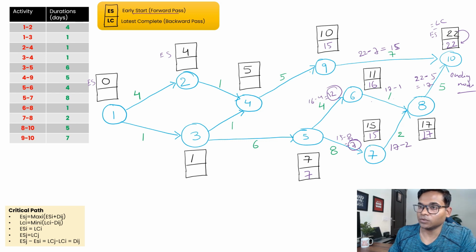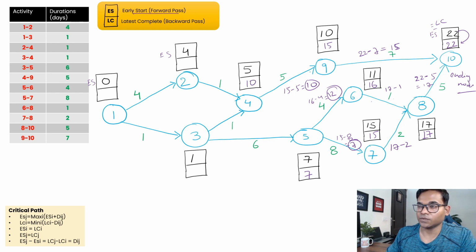Now coming back to node 3. Node 3 basically has 2 rows, so before coming to node 3 let's solve 4, because we will be needing the 4 LC. Here we have the last time calculated node 4 as 15, 15 minus 5, that is your 10. Now the 10 is your LC for this node.